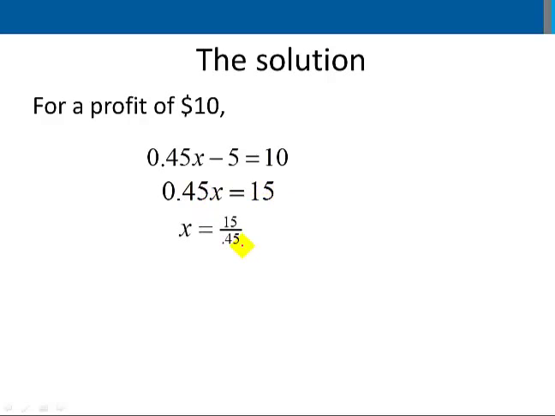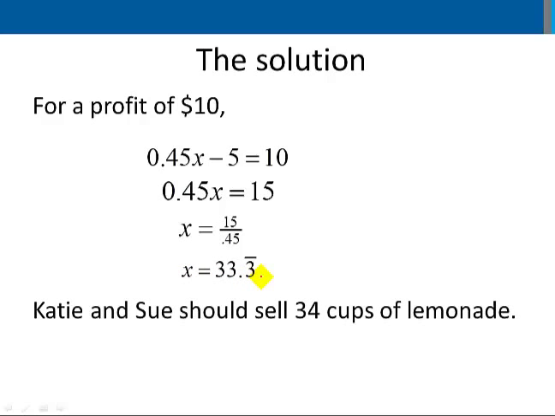We will divide through by 0.45, and that results in the number of cups, x, being equal to 33 1/3. So Katie and Sue should sell 34 cups of lemonade, being that if they only sell a third cup, they really can't do that. So, well, I guess they could. But anyway, they will need to actually sell 34 cups of lemonade to make $10.